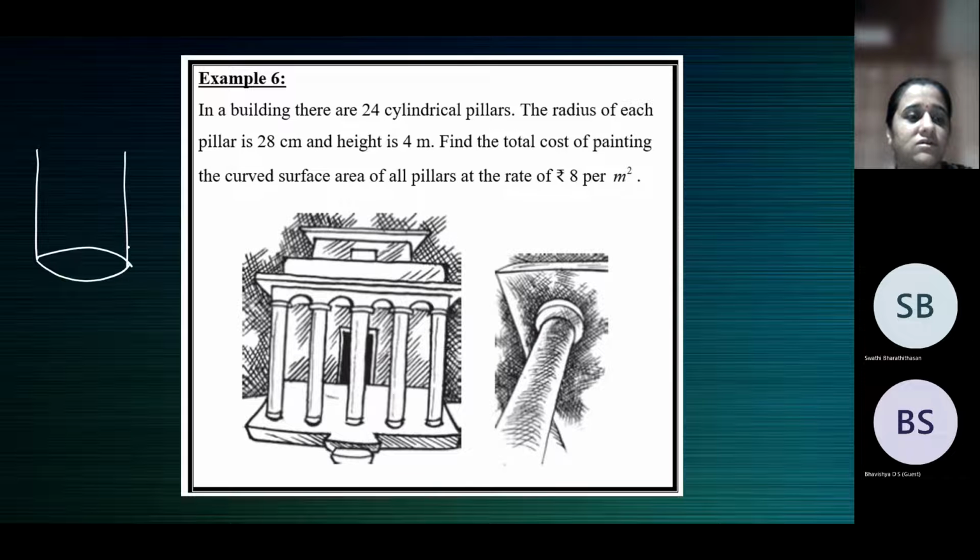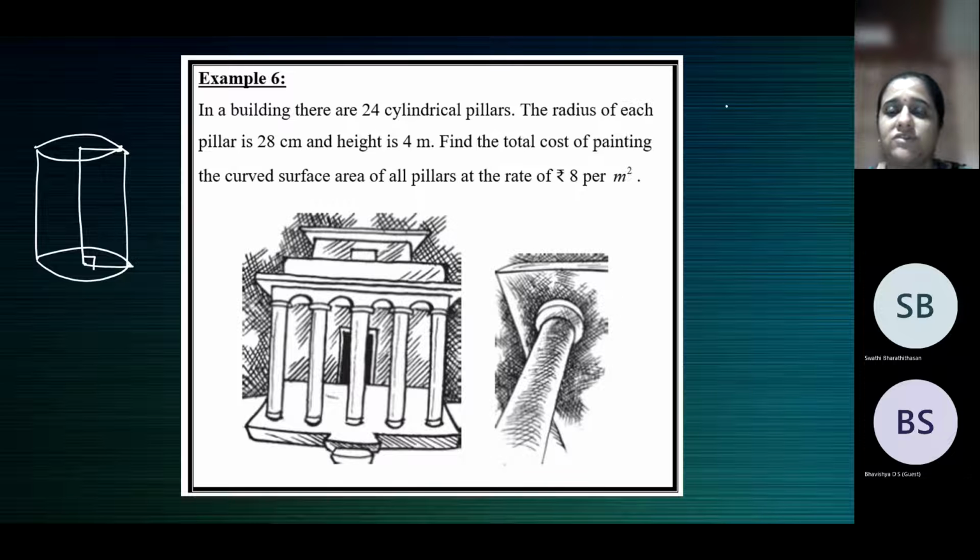So see here, circular base, circular top, okay? Radius of the top circle, radius of the bottom circle, both will be the same. The two circles will have the same radius, you understand? And this is the height of the cylinder. The radius and the height of the cylinder, in this case, are perpendicular to each other.